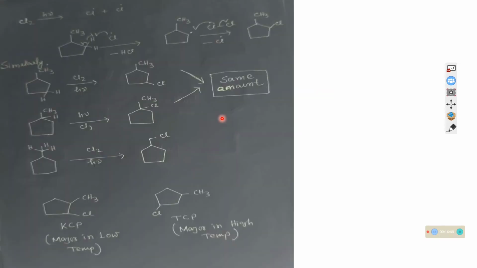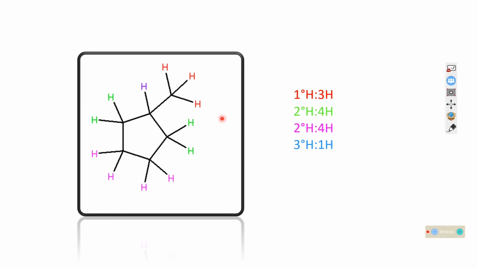So by observing this mechanism, you can say the abstraction of this hydrogen is more favorable, because when the chlorine radical abstracts this hydrogen, a 3 degree radical forms, and that is more stable.